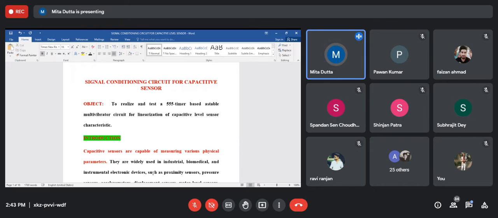So in this experiment, we are using a capacitive sensor for measurement of the level of a liquid, and for this we are going to use a 555 timer circuit to measure the capacitance.